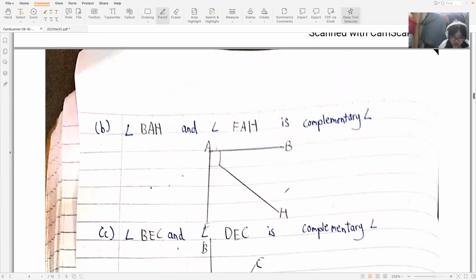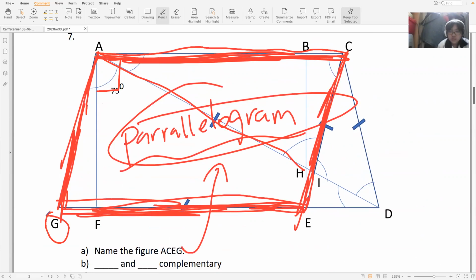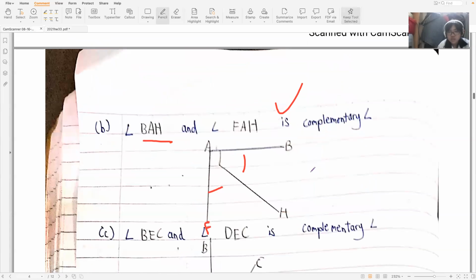Yeah, you choose F. Right? Then BAH, this part, FAH. Okay, good. I thought you chose the G. No, I never choose the G. If you choose G, you are going to get it wrong. You cannot choose G because if you choose G, it's not a 90 degree. We talked about this last week.